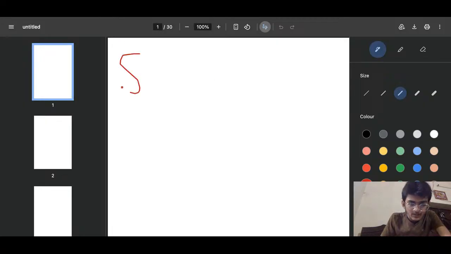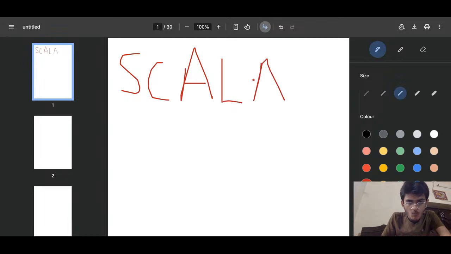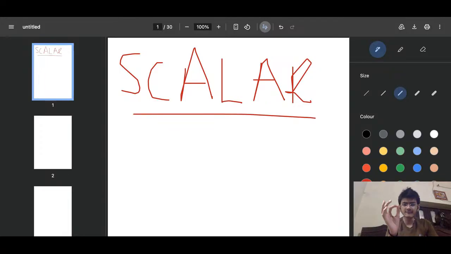What is a scalar? Any physical quantity that has magnitude, that can have direction, but most importantly, that is not following the vector law of addition.